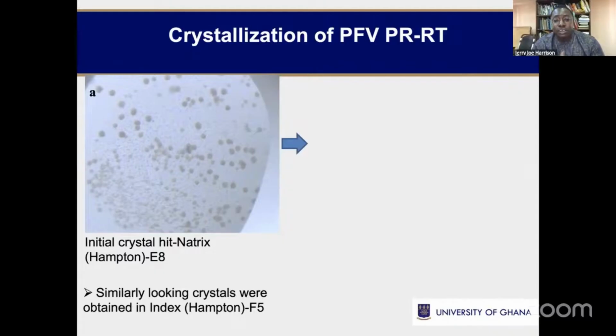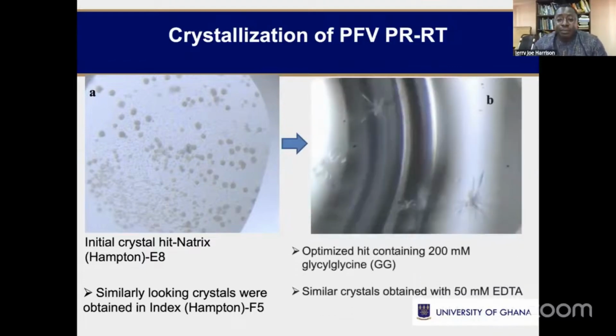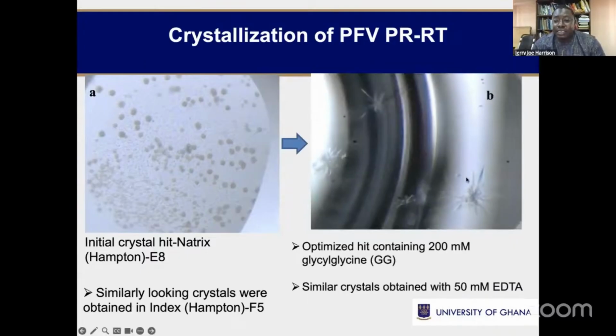And so, following classical optimization techniques, changing pH, concentration, protein-precipitant ratio, temperature and all that, we did all that. And that gave us these very shiny plates that you can't even see well in here. But after several rounds of optimization, these are the best crystals that we could get.